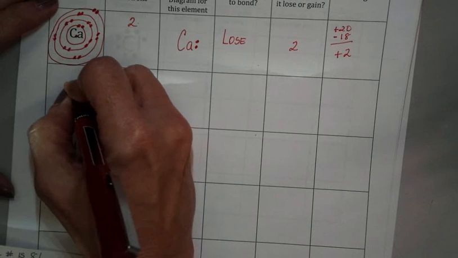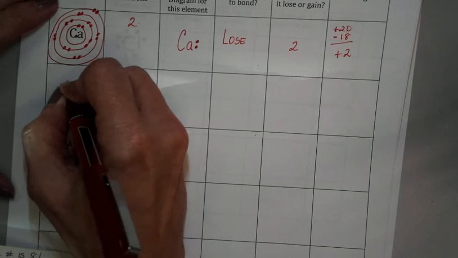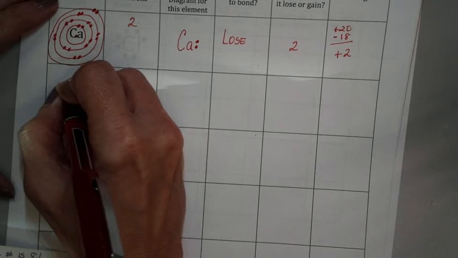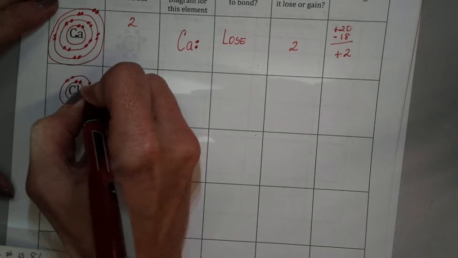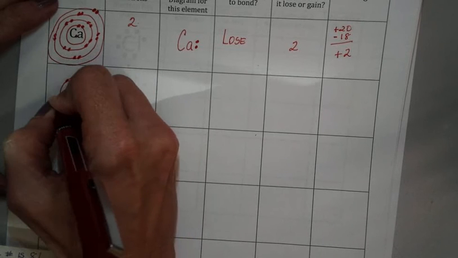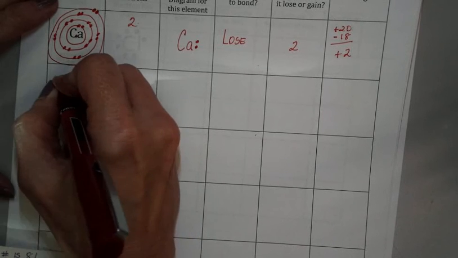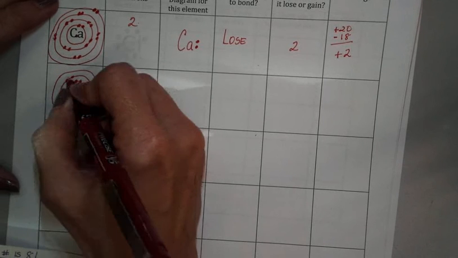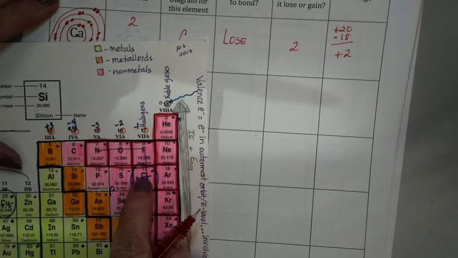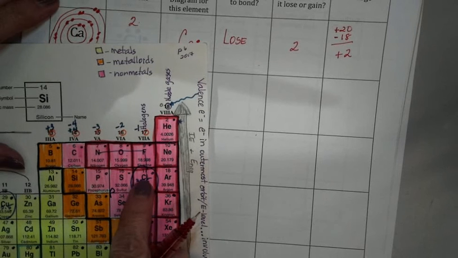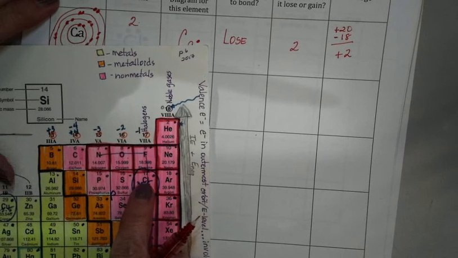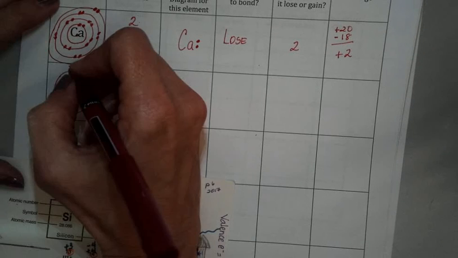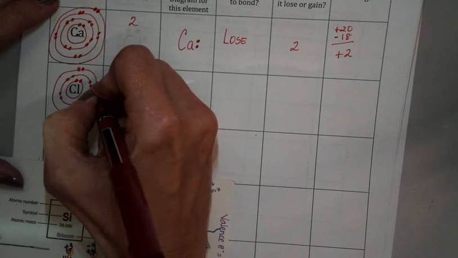My second orbit can hold 8: 2, 4, 6, 8. My third orbit, I'm going to put 8 of them in if it's got it. So I've got 10 placed, but I have 17 electrons. I need 7 more: 1, 2, 3, 4, 5, 6, 7.